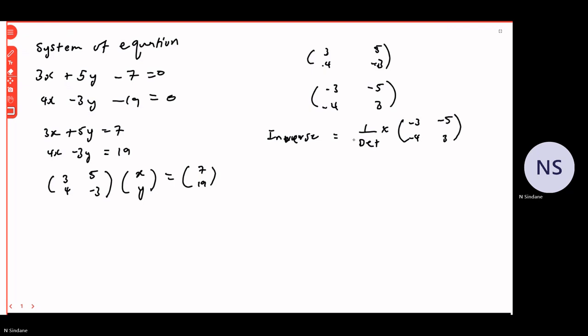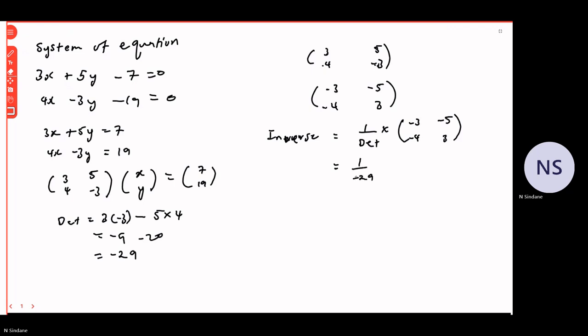The determinant of the original matrix is 3 times negative 3 minus 5 times 4. That is negative 9 minus 20, which is negative 29. So my determinant is negative 29, and I substitute it there to get my inverse.